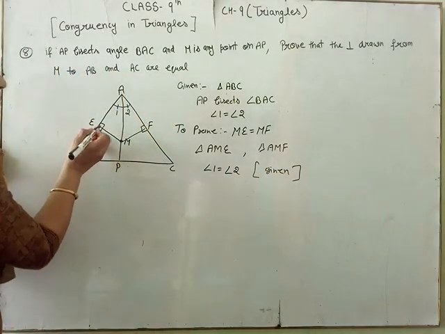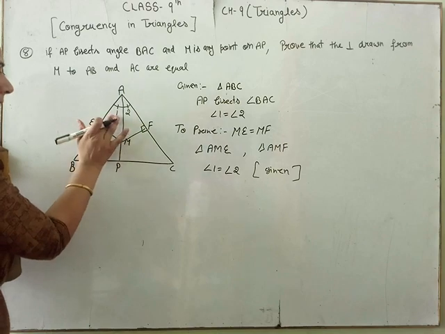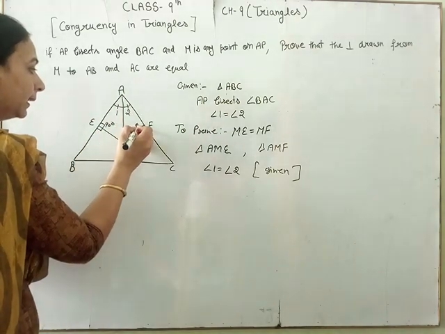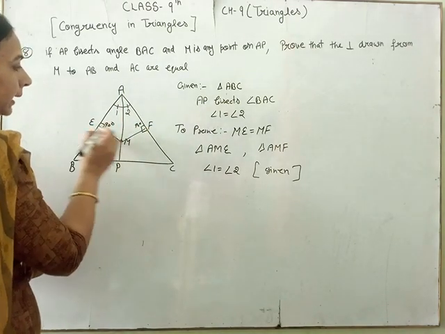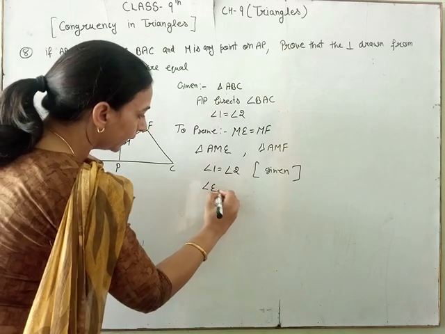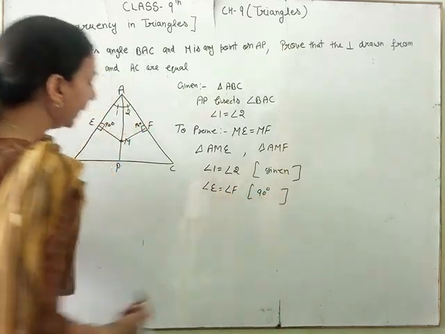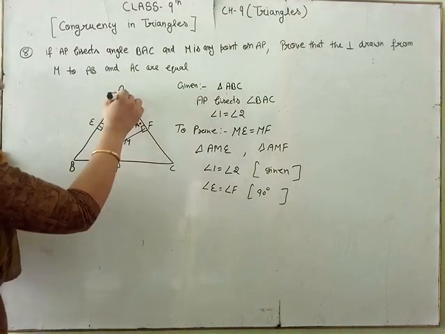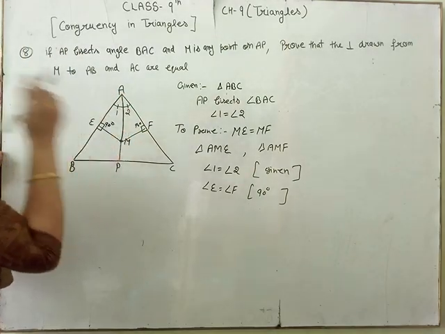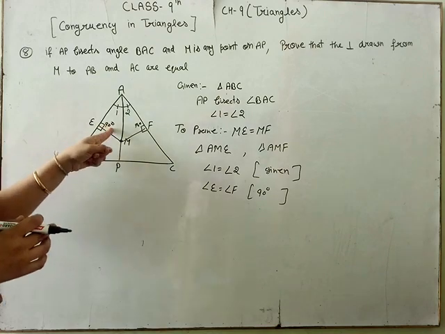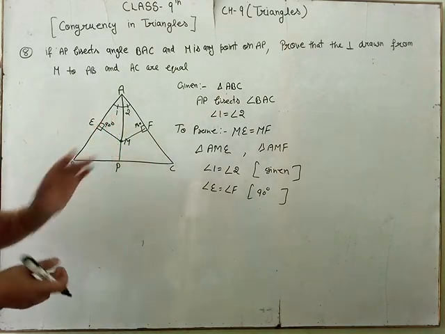Next, this is a 90 degree angle in this triangle, and the same 90 degree angle in this triangle. Then angle E equals angle F, this is a 90 degree angle. Next, students, AM is used in this triangle and in this triangle also.